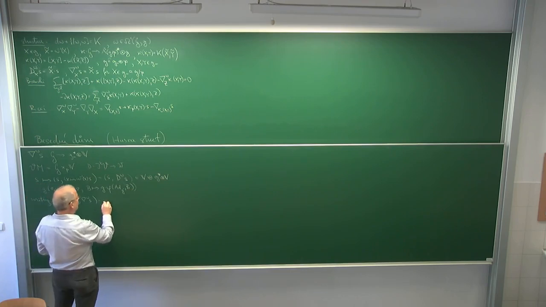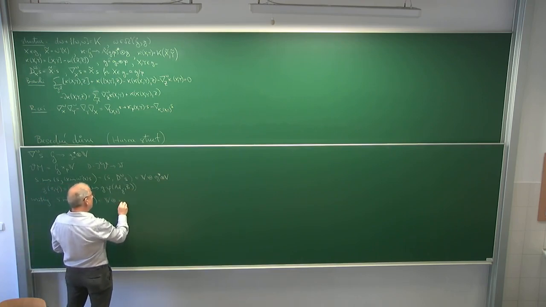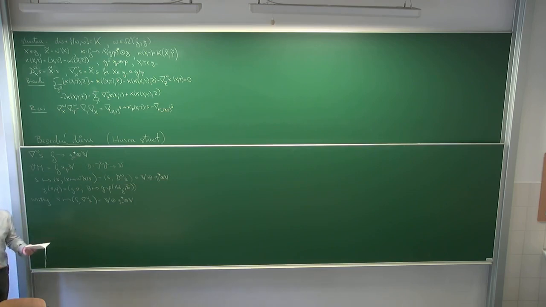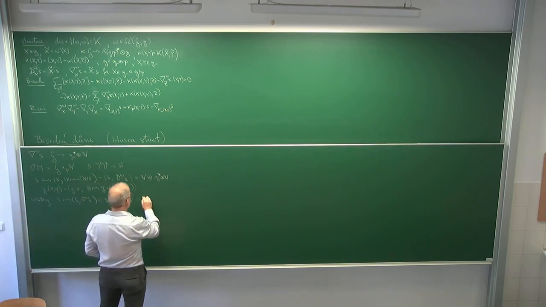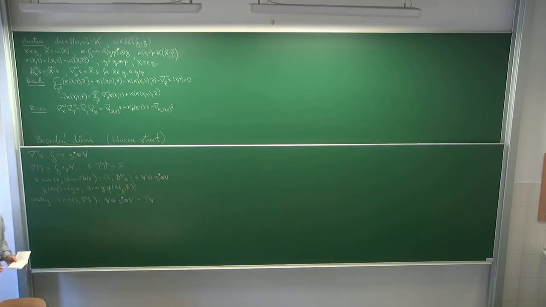So this would be in V plus G minus star tensor V, which looks very much like something we would like to see as jets. So this is then what I would call J1V.